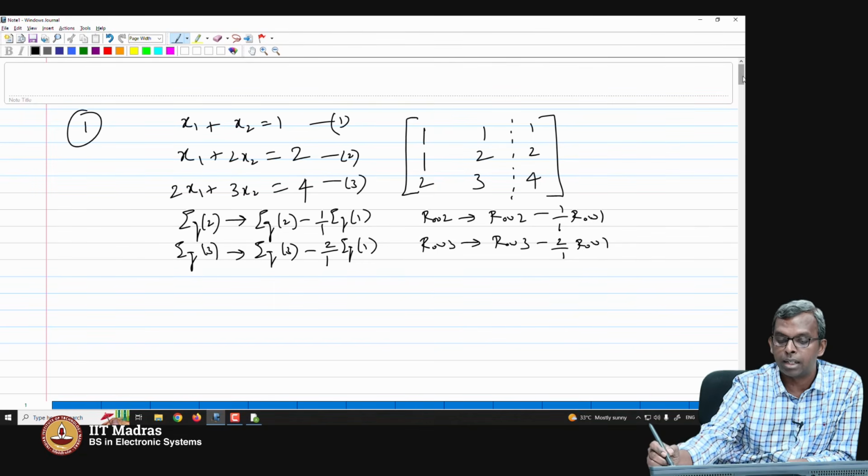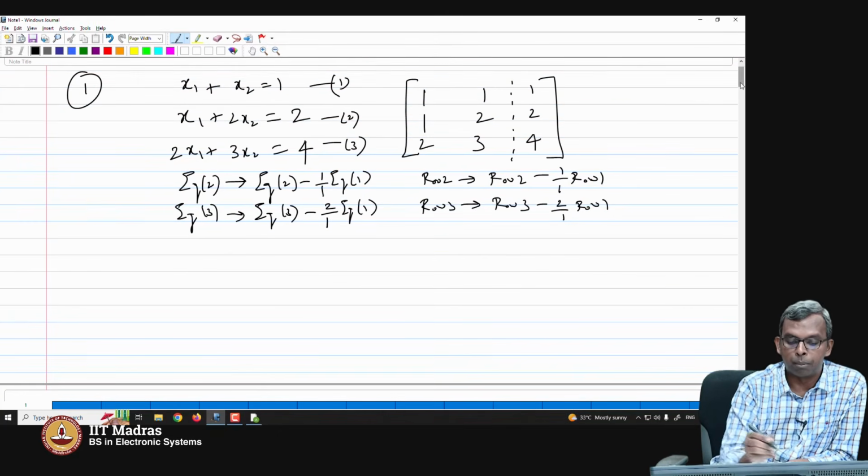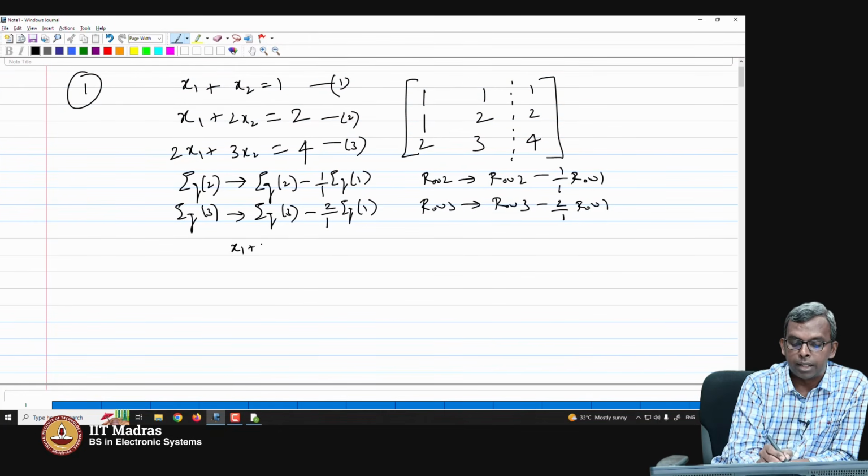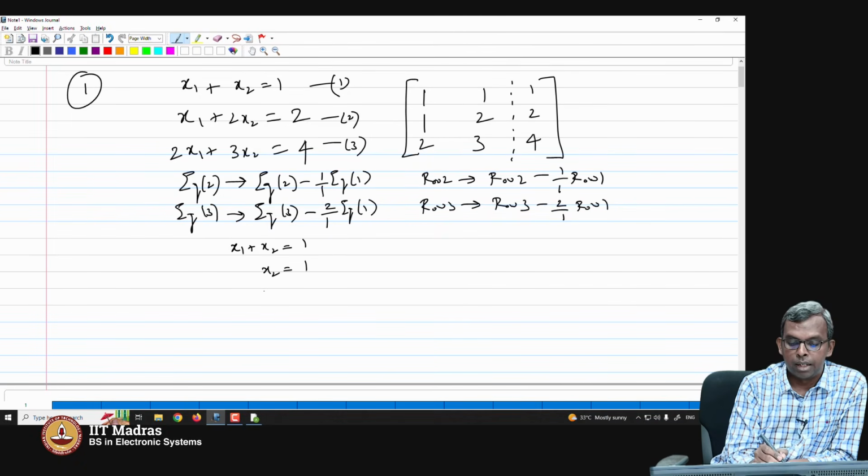So now if you do that, you'll see that the equations become, the first equation is retained, x1 plus x2 is 1, second equation is just x2 equals 1, and the third equation simply becomes x2 equals 2. Okay.